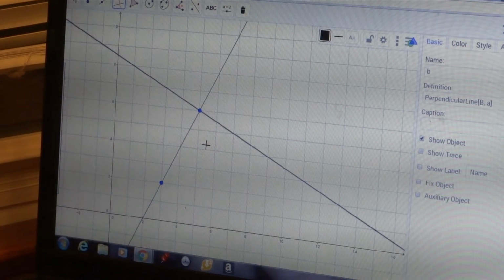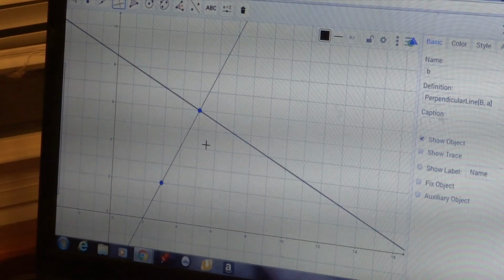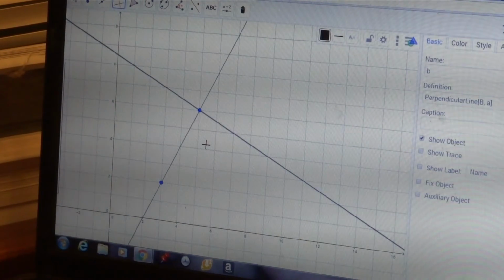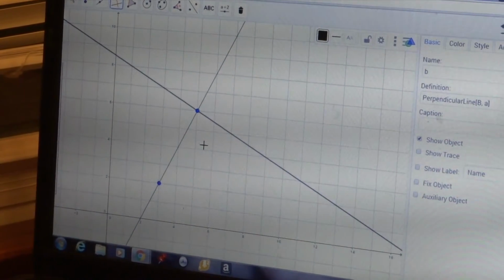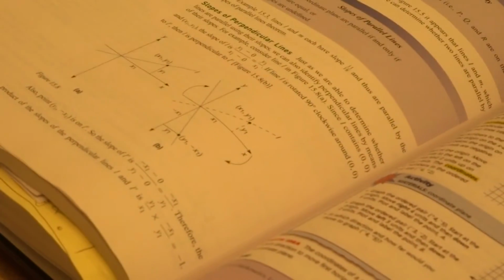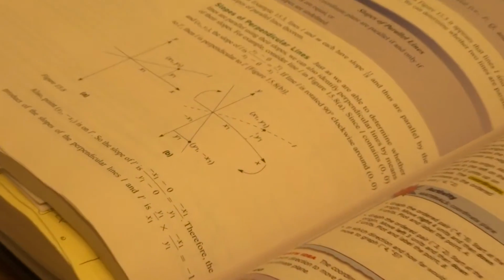There is a really great picture of this in your textbook. And I just want to show you that picture because I talked about inverting it. Or, I'm sorry, rotating it 90 degrees.